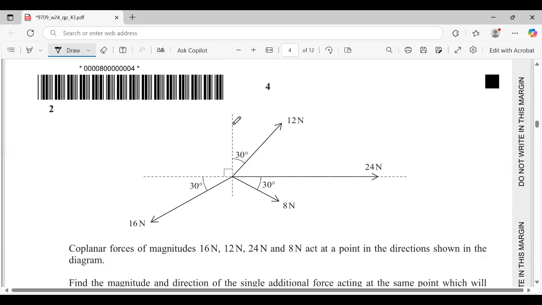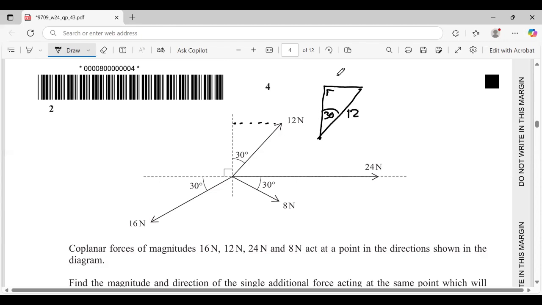First, I would like to show you the components on this diagram. I have created a right angle triangle like this, representative of this force. This angle is 30, and according to the information, this is 12.